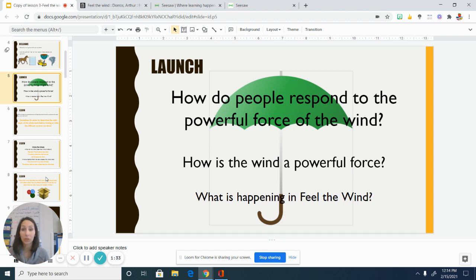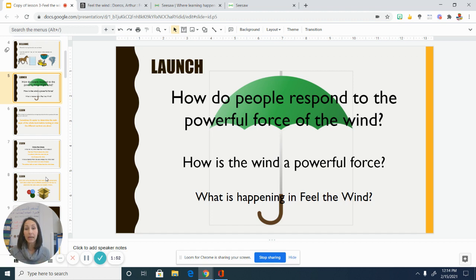And that's what we're going to do today and take a look at some sections of Feel the Wind and try to identify the details, the key details, and the box, yes, the main topic. Excellent.